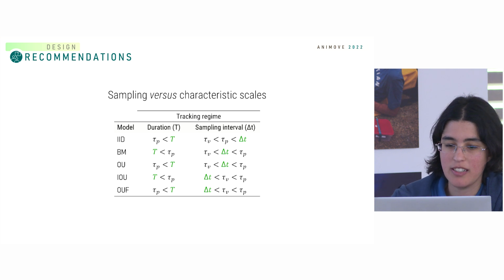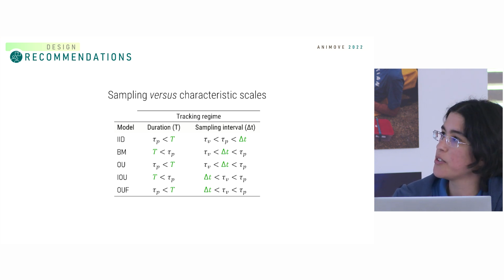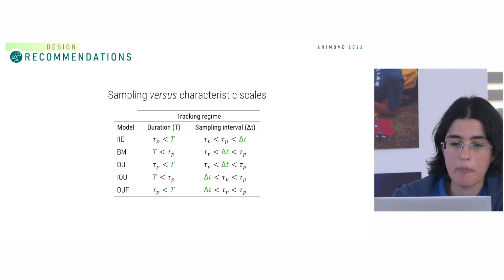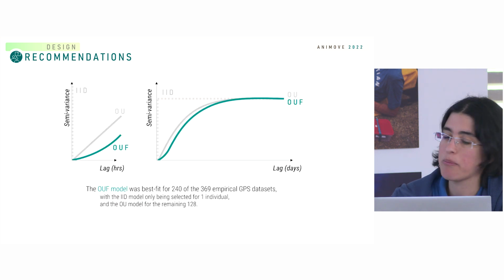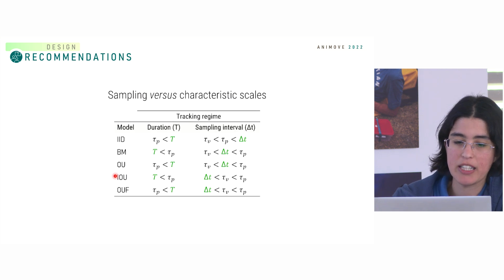This is basically looking at the different models that we already talked about before, and what the expected characteristic scales typically are relative to the duration and the sampling interval. Typically, with the OUF here, we want the position autocorrelation to be smaller than the duration, right? We want more home range crossing times relative to the sampling duration.